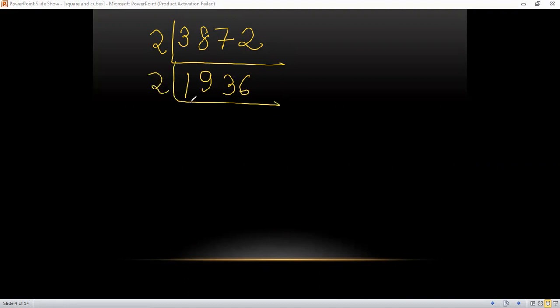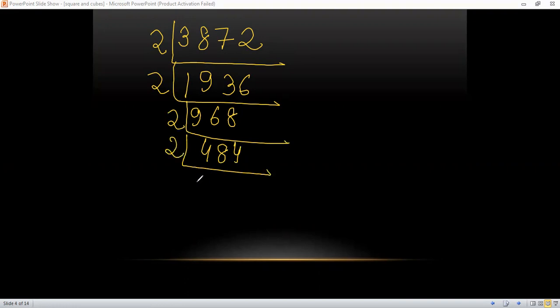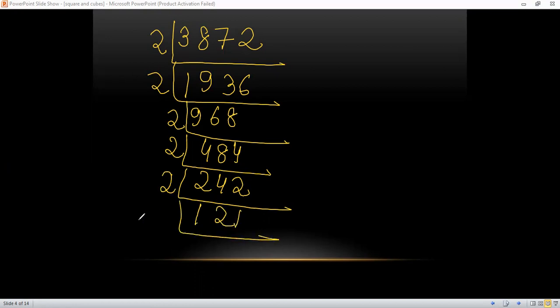Again by 2, it will go. Again by 2. Again I will take 2. So now these are the factors of the number. Again I will divide it by 2. I get 121, and 11 into 11 is 121.